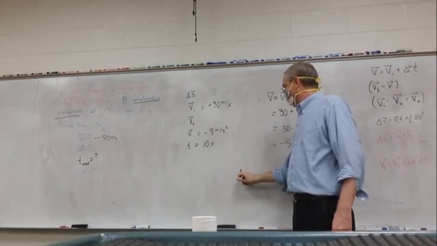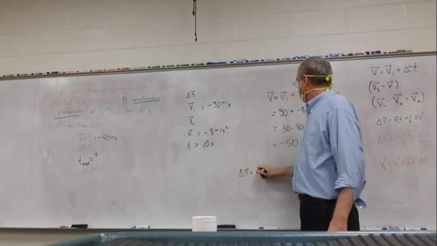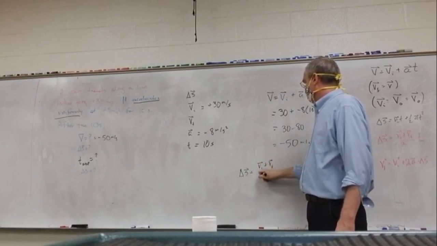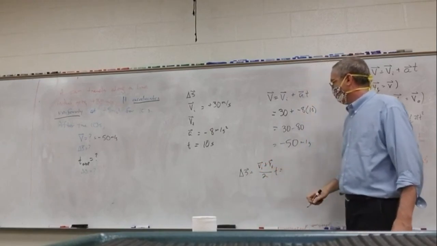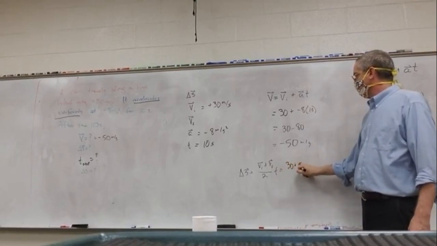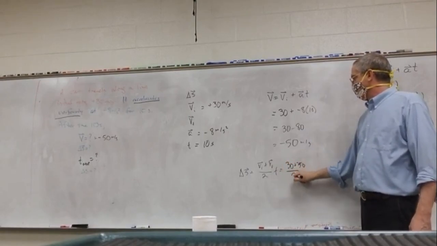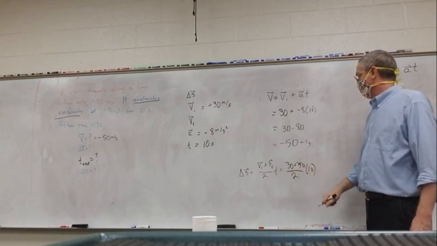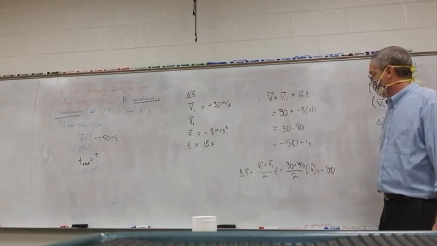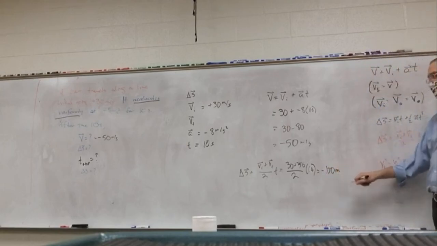So the displacement is going to be equal to VI plus VF over 2 times time, which is 30 plus negative 50 over 2 times 10. Doing the fancy math here, I believe that's negative 100 meters.